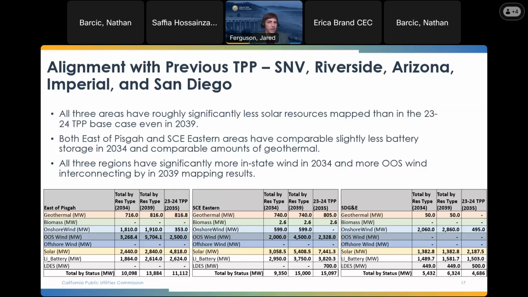In the SDG&E area, you see a similar situation where the battery amounts are roughly comparable, but you do have less solar. Across all these interconnection zones, you have significantly more wind, both in-state wind, in-ISO wind in Baja California, in Southern Nevada, and also out-of-state wind interconnecting in the Harry Allen El Dorado area for East of Pisgah, and then interconnecting at the Palo Verde area in the SCE Eastern area.